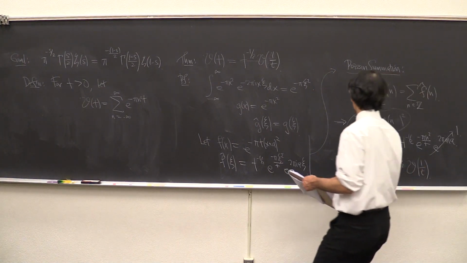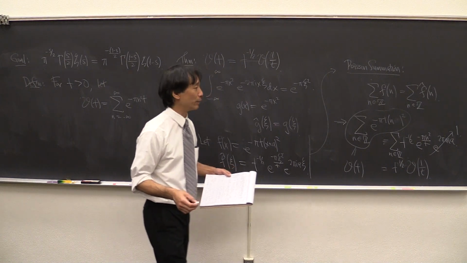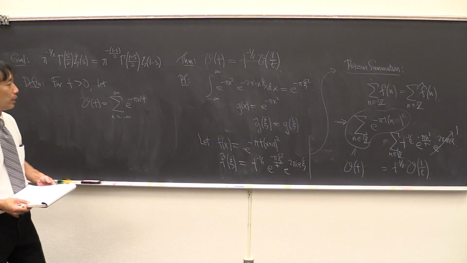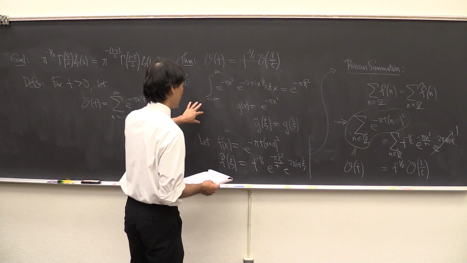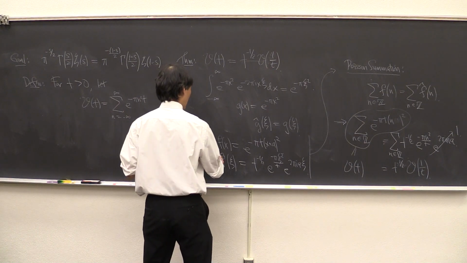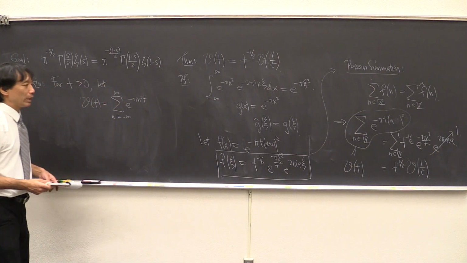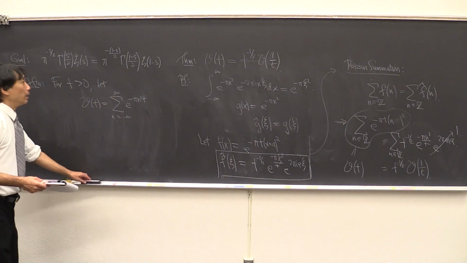So we get the theta function equals t to the negative 1/2 times theta at 1 over t, the functional equation. So to get that, we want to see that the Fourier transform of f actually looks like that.